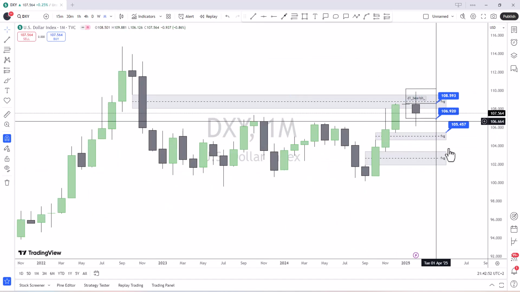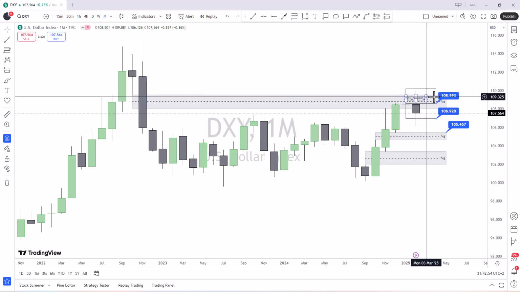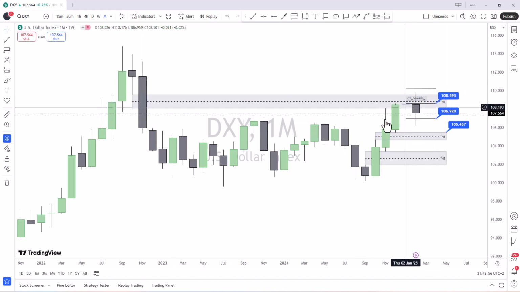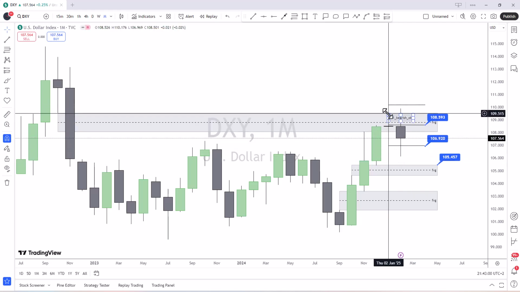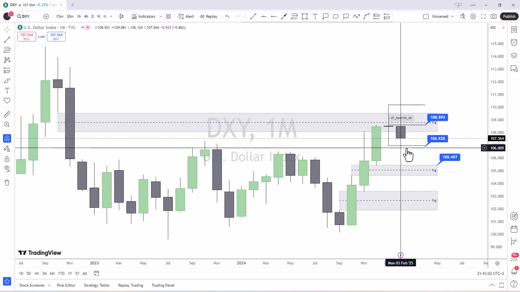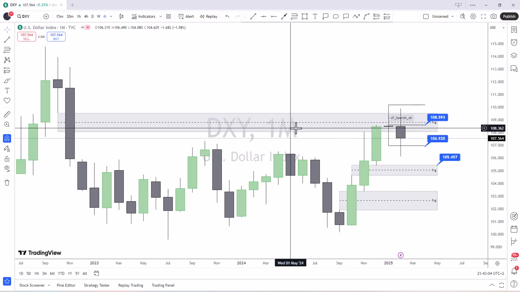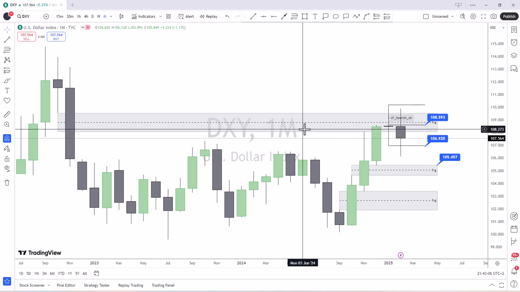We're just trading away from a monthly imbalance which was filled in January. Thereby we've seen price finding resistance and pushing to the downside, right? So that's the forecast on dollar index from a monthly point of view.